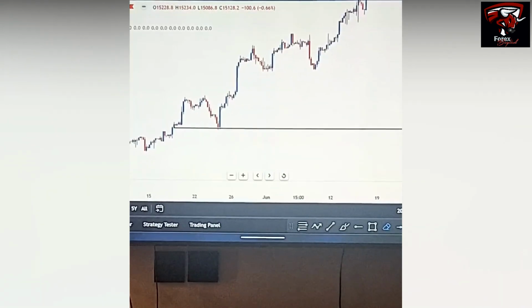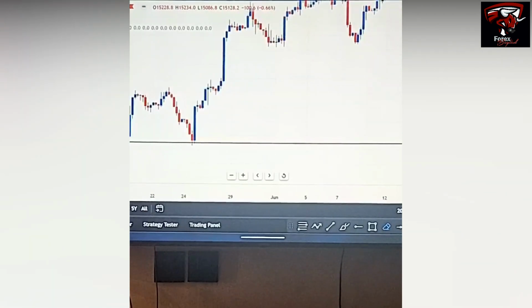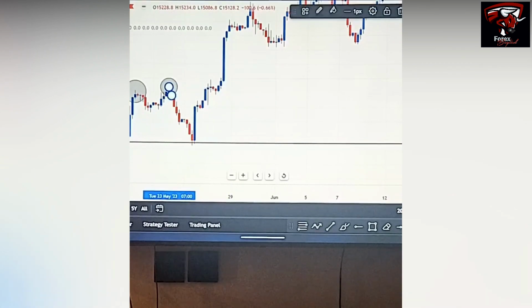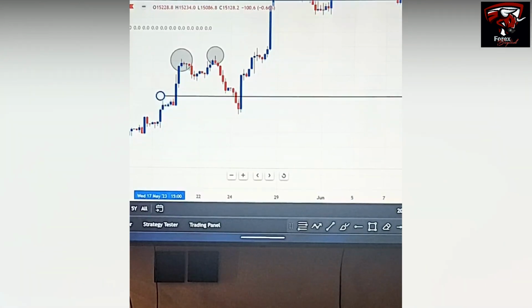So you want to see something like this, where price makes a high, and once again, it comes back to liquidity, takes out that high, right? Because once it's taken out the high, it's going to go for the low. And that's going to show you where they're now creating the next low.